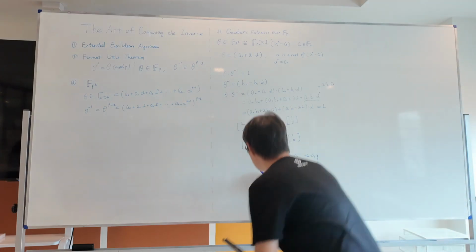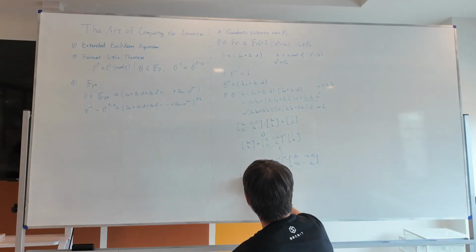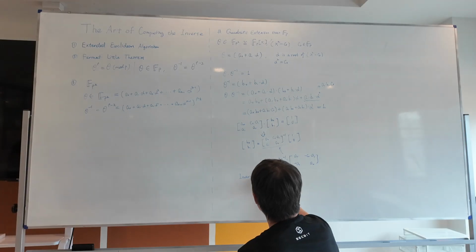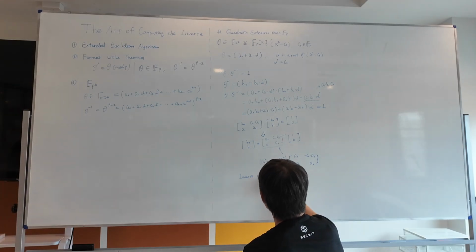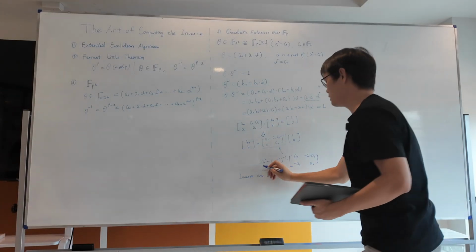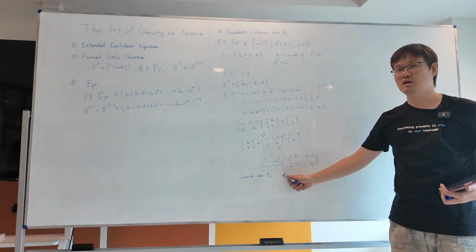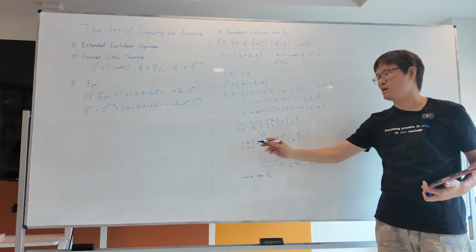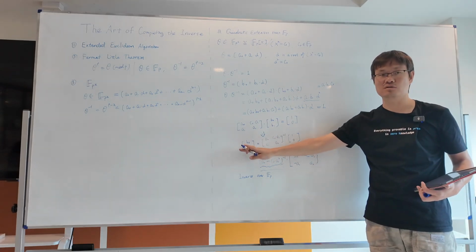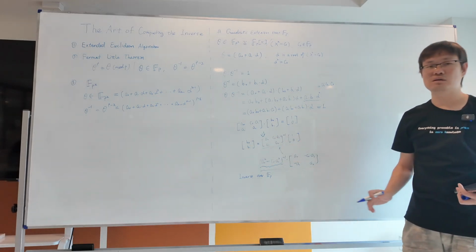Okay, so inverse over FP here, right? And then we just do a few multiplications. We can have the result of B0 and B1.